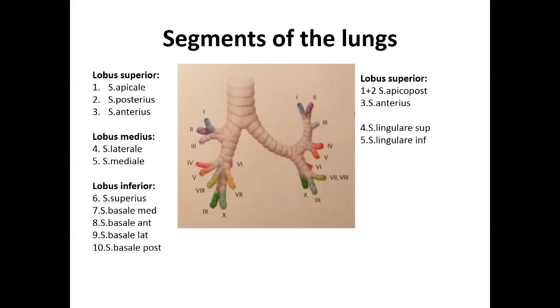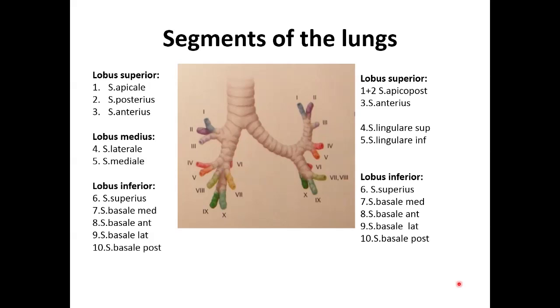And it's good for us that in lobus inferior all the segments are the same as in the right lung. I ought to say that in different countries, in different textbooks, different atlases, you can find different classifications of the segments.